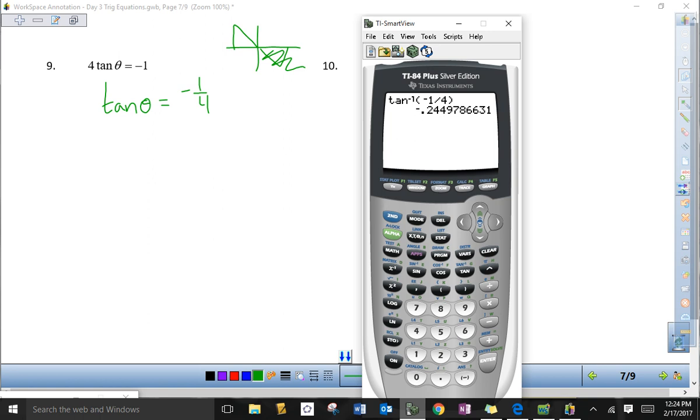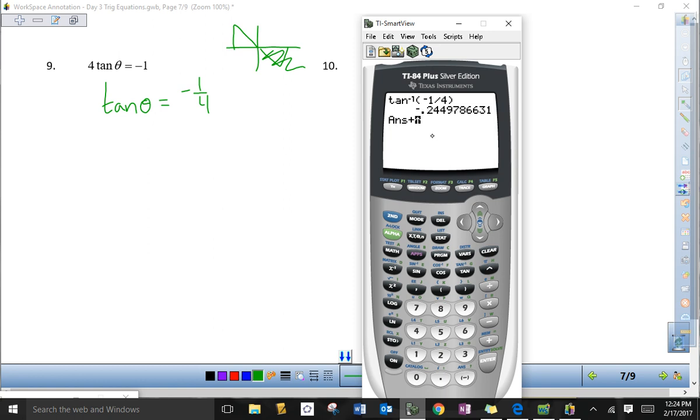Negative numbers are not from 0 to 2 pi. So if I just want to get back down to my other one, I just have to add pi to that. That gives me my positive solution, and then I get to add the period every single time after that.